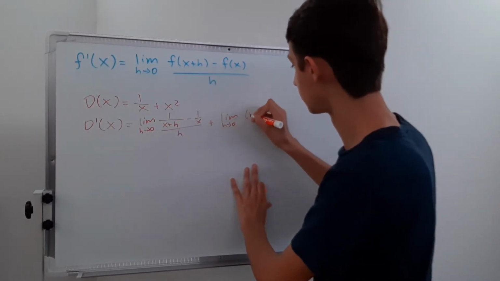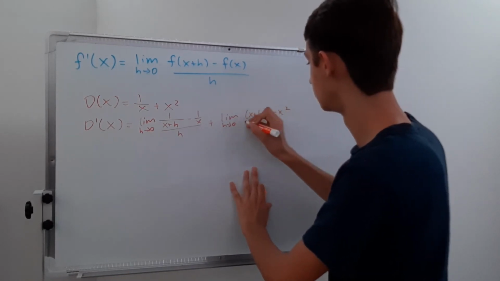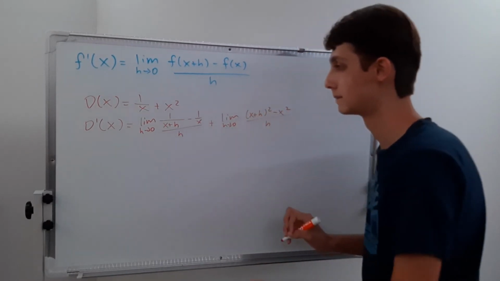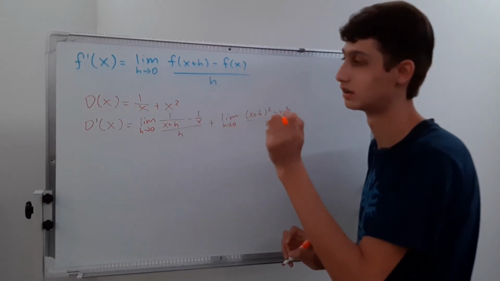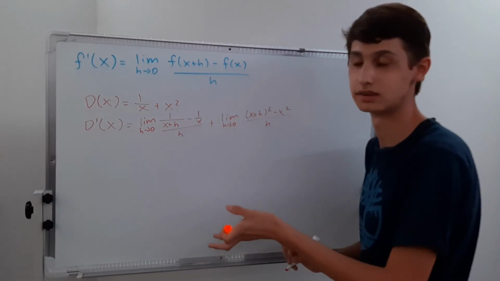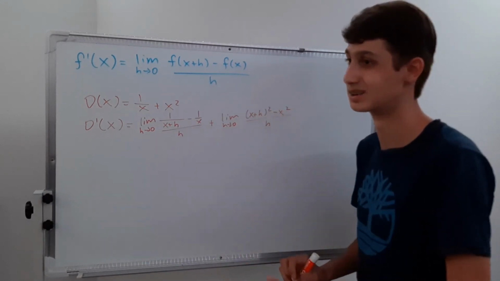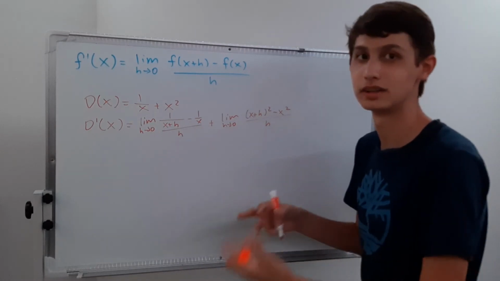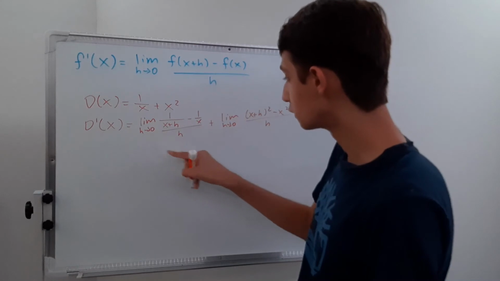So this is x plus h squared minus x squared all over h. Okay, plug in 0 in any of these, you're going to get what's called an indeterminate answer: 0 over 0, infinity over 0, infinity over infinity, 0 over infinity. Those are all indeterminate answers. Okay, so what do we do?